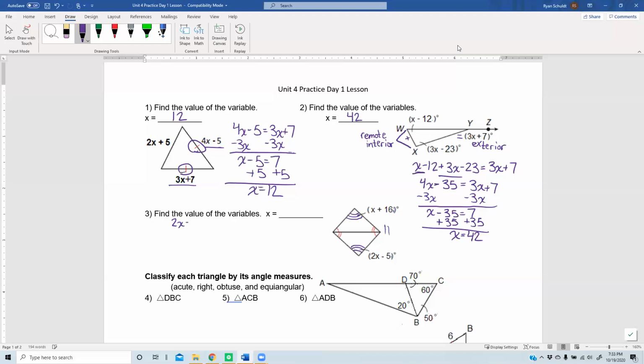So 2x minus 5 equals x plus 16. Subtract my x. 2x minus x is just 1x. Add 5, and I get x equals 21.